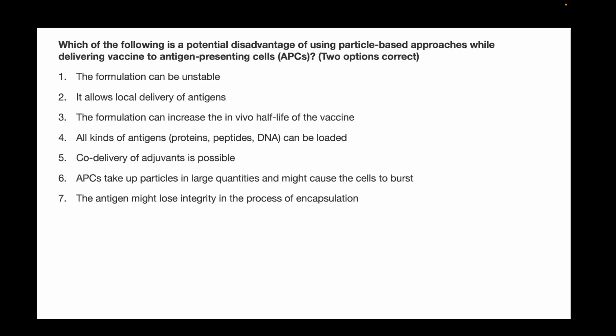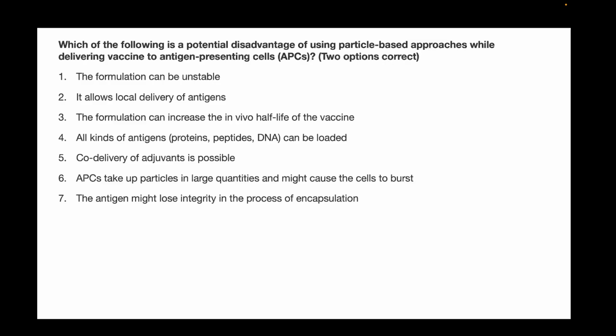The next question is, which of the following is a potential disadvantage of using particle based approaches while delivering vaccine to antigen presenting cells? There are two correct options here. The options are: option 1, the formulation can be unstable; option 2, it allows local delivery of antigens; option 3, the formulation can increase the in vivo half life of the vaccine; option 4, all kinds of antigens, proteins, peptides, DNA can be loaded.